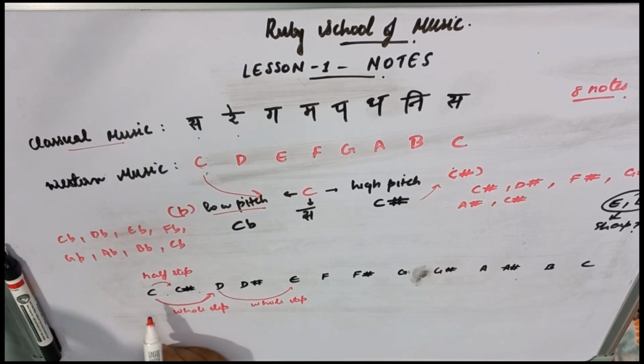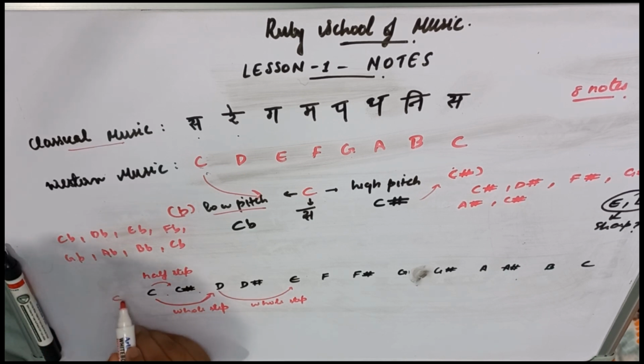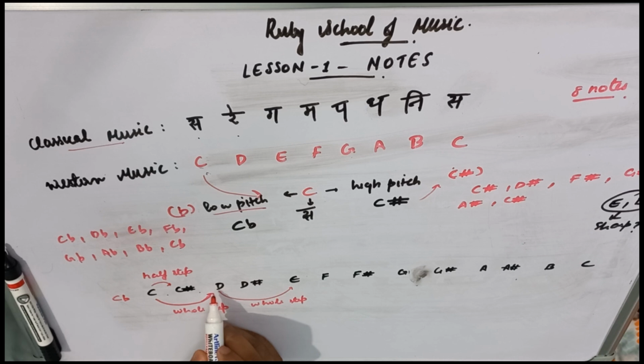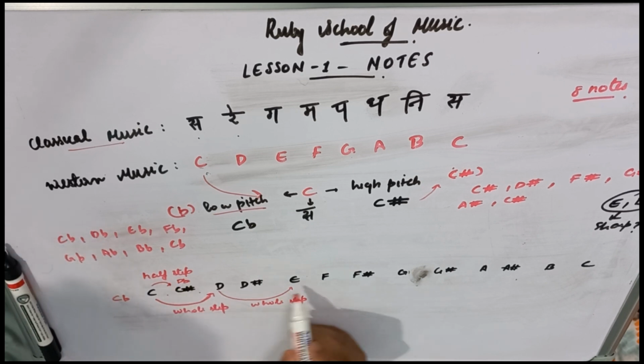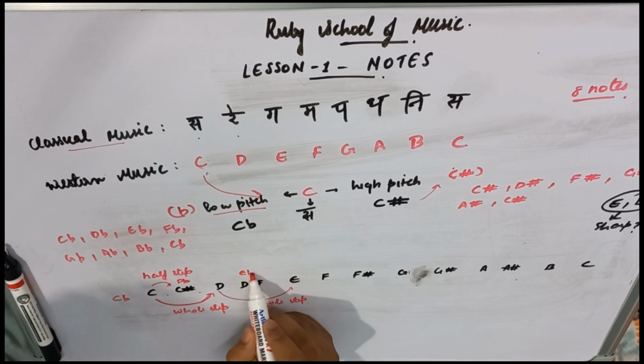Now you'll be doubting where are the flat notes, right? The flat notes are here. For C there will be a C sharp and a C flat. So where will the flat note come for D? D will have the flat note that is equal to C sharp, D flat. E will have the flat note that is equal to D sharp, E flat.